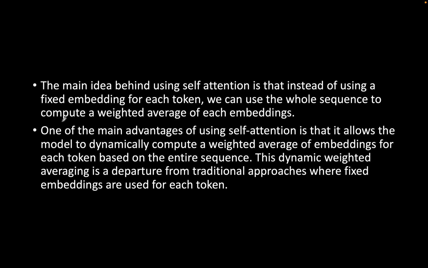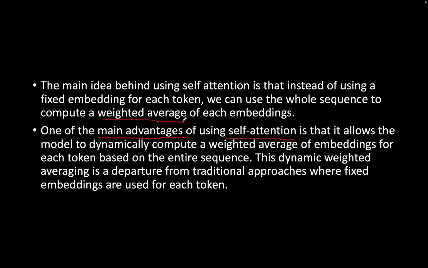One of the main advantages of using self-attention is that it allows the model to dynamically compute a weighted average. We'll talk about the weighted average with an example in the later part of the video.